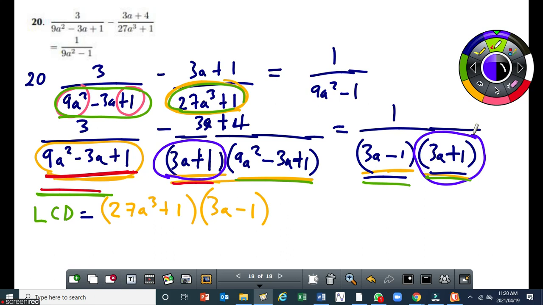So what that means is that the following denominators or factors of denominators, that is, the first binomial factor in the second denominator, and the third factor which is part of the second denominator, and the last binomial factor on the right hand side, they are all factors of 27a cubed plus 1.